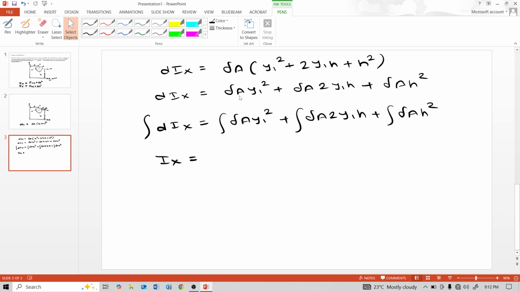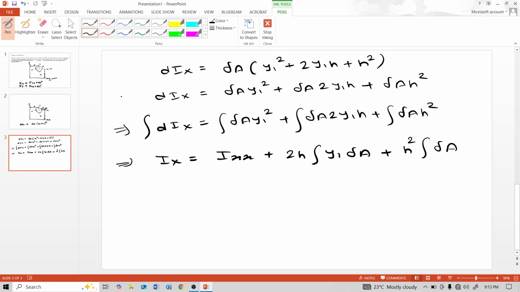Plus 2 y1 h: take 2h common, integration of y1 dA, and plus take h square common, integration of dA.